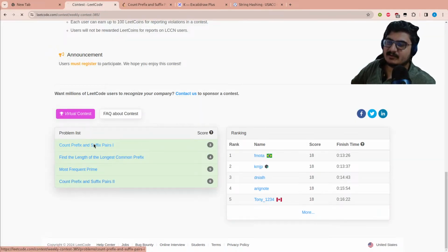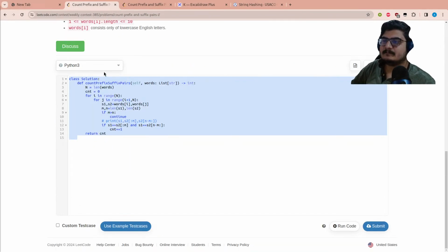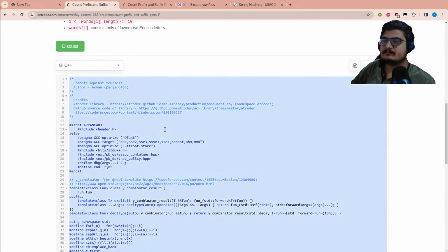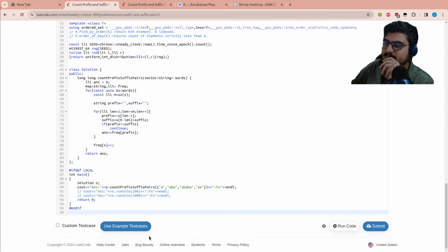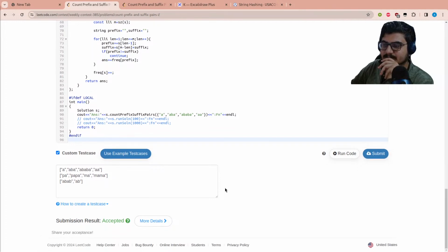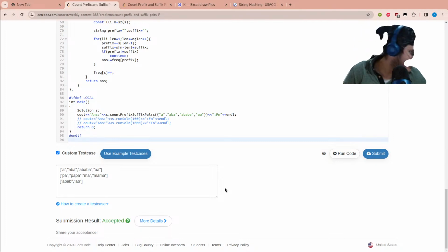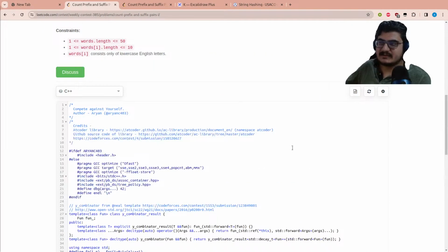But if you try the same algorithm on the first problem, it gets an AC because the string length is way too small. So the algorithm is the same as the first problem, but now you need some advanced string related algorithms to do it faster. So this was essentially the idea.